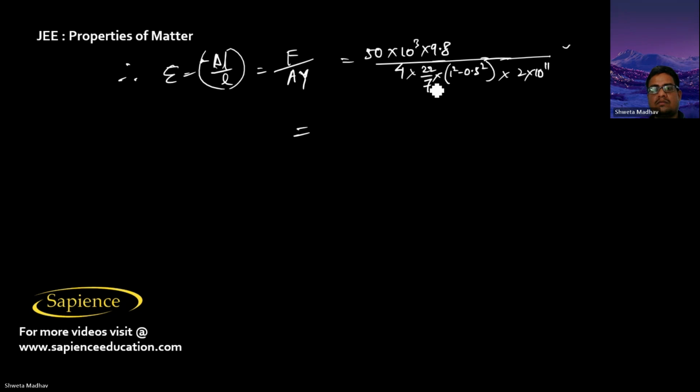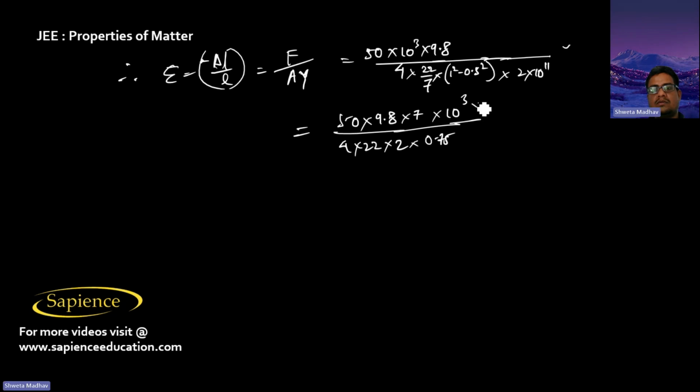So this will go out. So 50 into 9.8 into 7 divided by 4 into 22 into 2 into, this will be 1 minus 0.25, that is 0.75, into 10^3 into 10^-11. So 7 by 4 into 22 into 2 into 0.75.